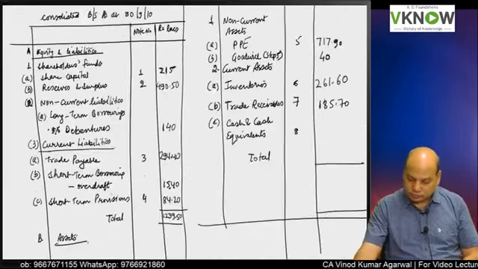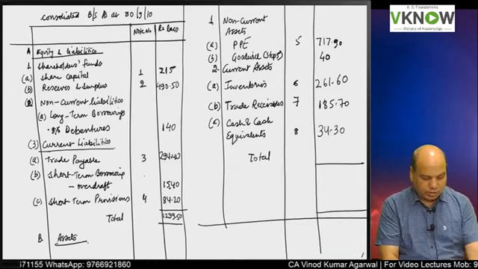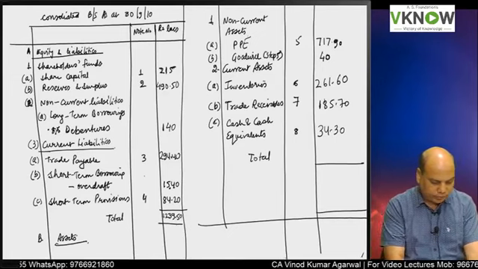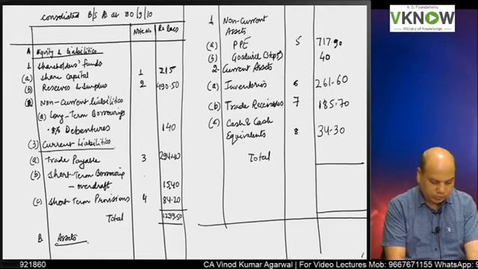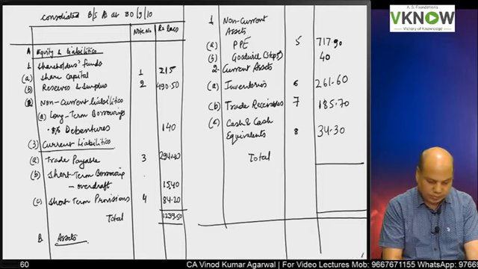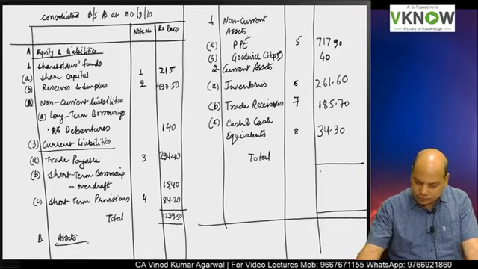Now take the total of the asset side and see if it is tallying. 1239.50.